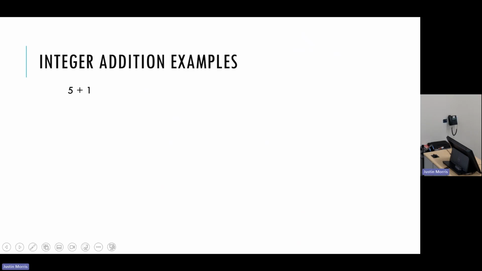All right, so here are some integer addition examples. So 5 plus 1. We're comfortable with 5 and 1 here, conversion. And then if we're going to do the computation, 1 plus 1 is 0, carry 1, right?